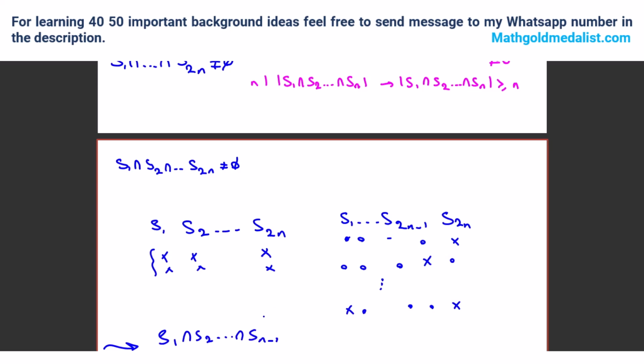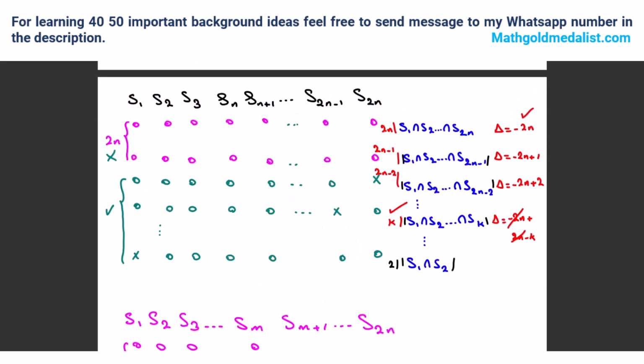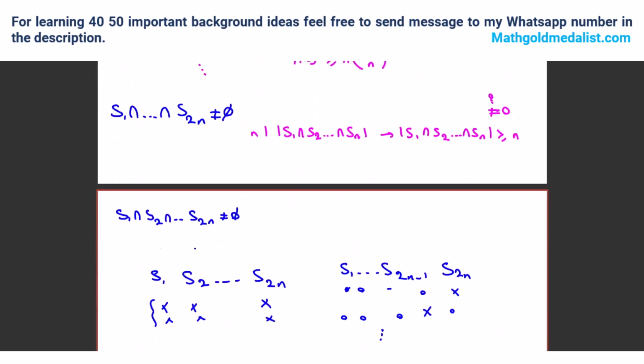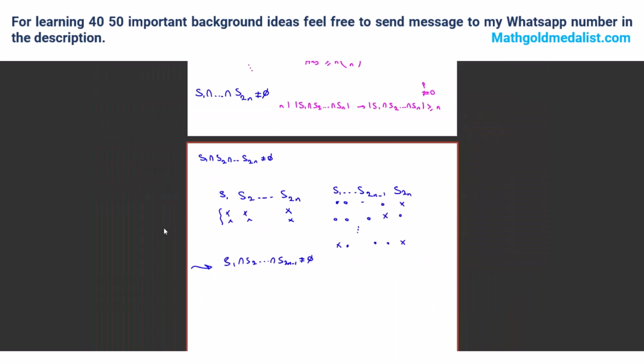Yes, yes. After some number of steps, it will be 0. But in the beginning, it's not 0, right? In the beginning, it's not 0. But then we make it a null set by subtracting. Then these things are not 0, right?